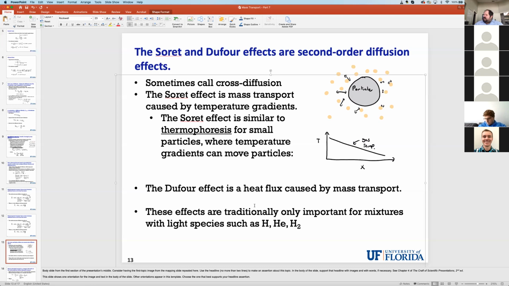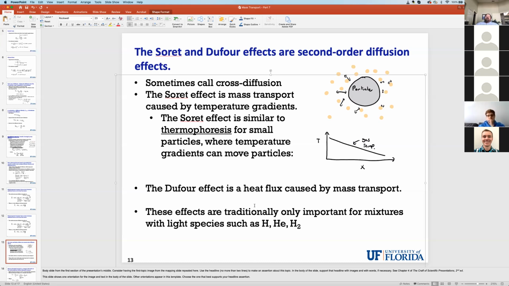For traditional combustion, they are important if you have mixtures with light species such as atomic hydrogen, helium or even hydrogen. And so you will often see the Soret and Dufour effects being included for hydrogen combustion. Whereas if you're doing methane combustion or n-dodecane or something like that, or diesel fuel, jet fuel or rocket fuel, you often don't need to consider that.